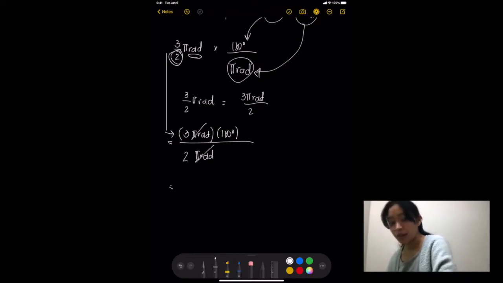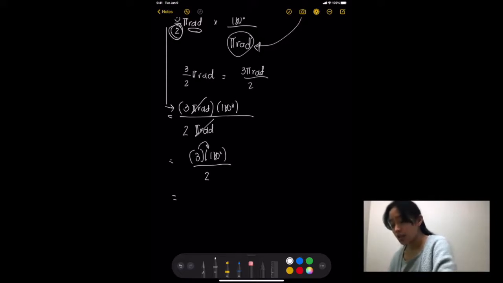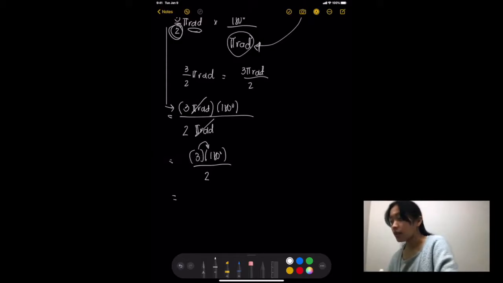So I'm going to cancel out the common term, which is pi radian, which is present in both the numerator and denominator. So I'm now left with 3 times 180 degrees divided by 2. So in solving this problem, you can easily just multiply 3 with 180 degrees and then divide it by 2. So that's one of the methods of getting the answer for this.